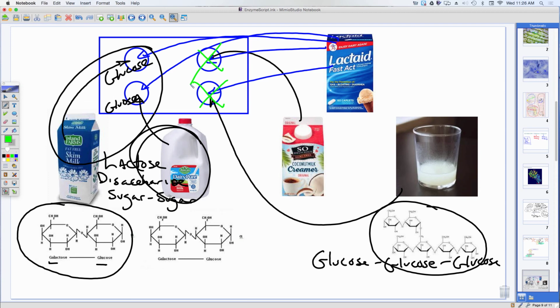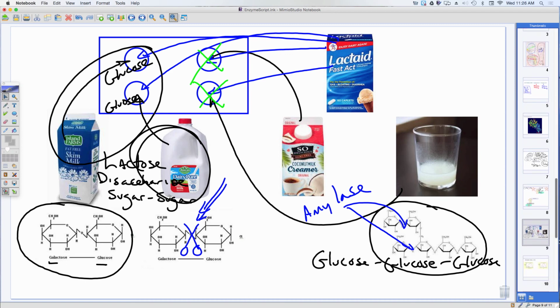And the reason for that is the enzyme lactase only works on lactose. The function of lactase is to break this bond right there. And if that bond does not exist, then lactase won't do anything. So lactase works on lactose. We would need a different enzyme to break the starch up. We would need the enzyme amylase, which is in your saliva, and that can break up the starch.